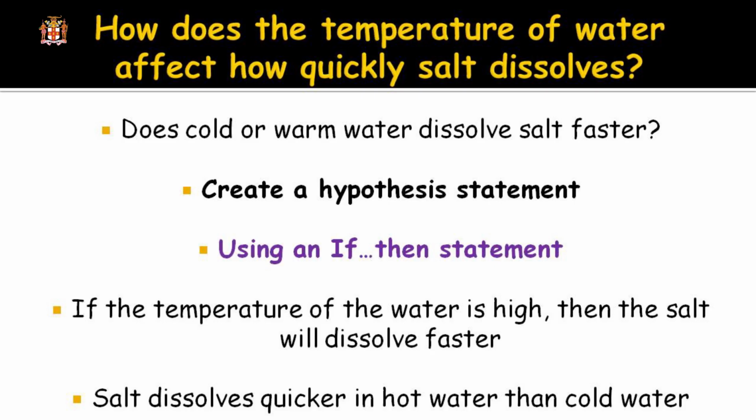How does the temperature of the water affect how quickly the salt dissolves? So before we can get into that, we must develop our hypotheses. And as you can see here, there are some qualities or characteristics of a good hypothesis statement. Right, so as stated before, we have to start with our hypothesis.